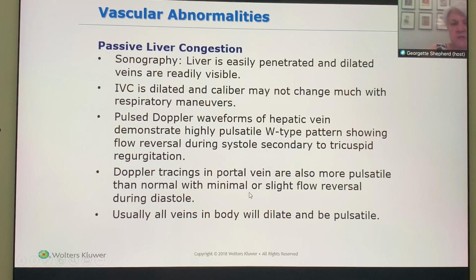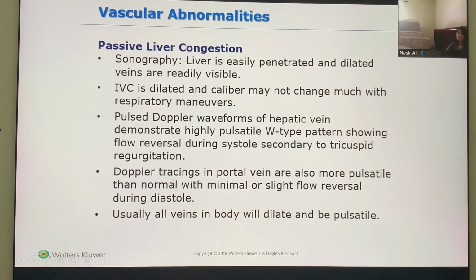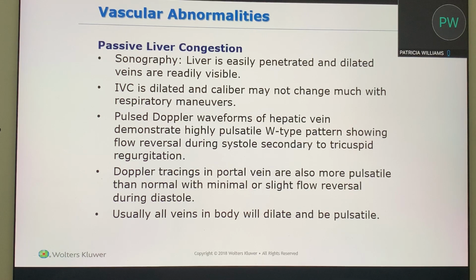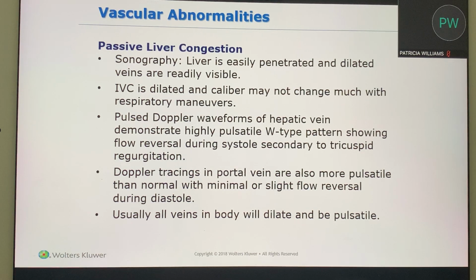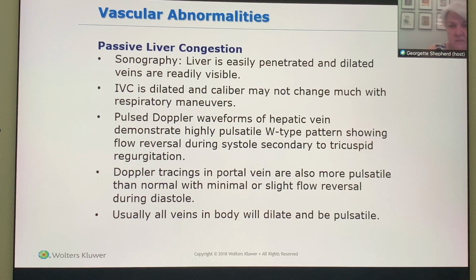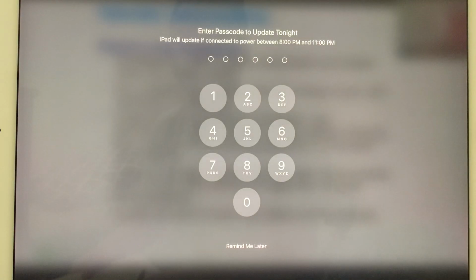The portal vein is usually very monophasic. If it's not monophasic, or we have flow reversal, it could be because of tricuspid regurgitation. The tricuspid valve isn't working the way that it should.